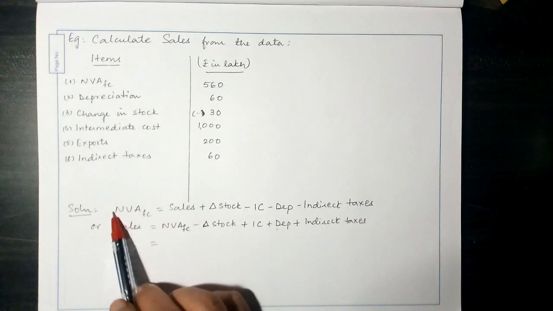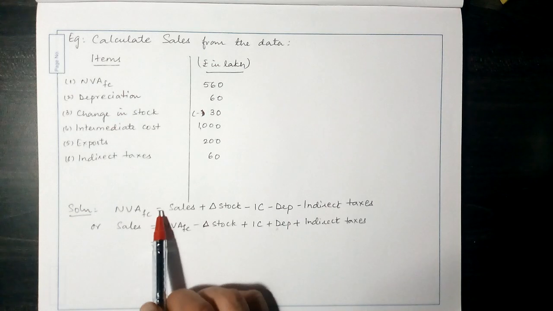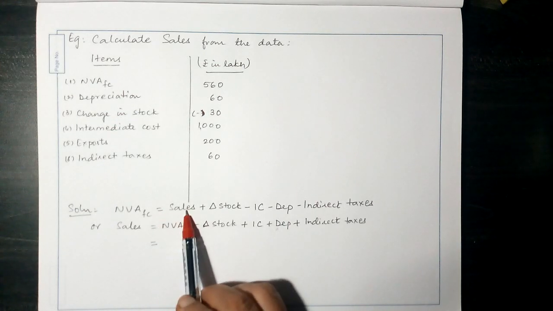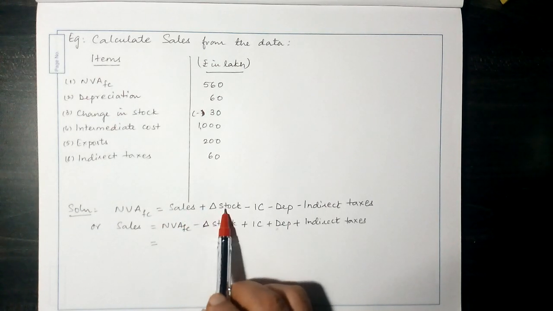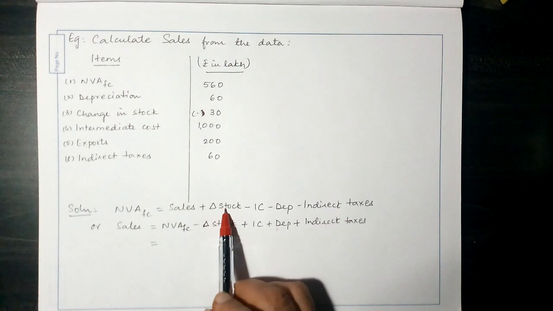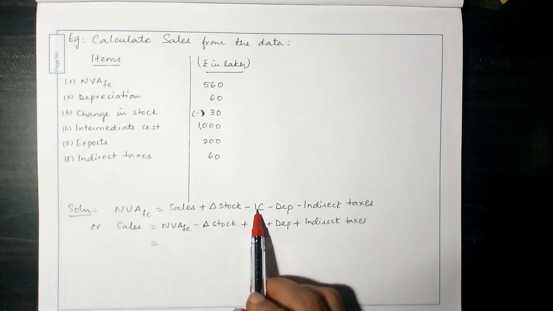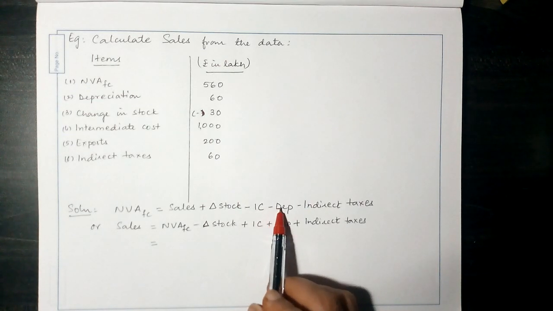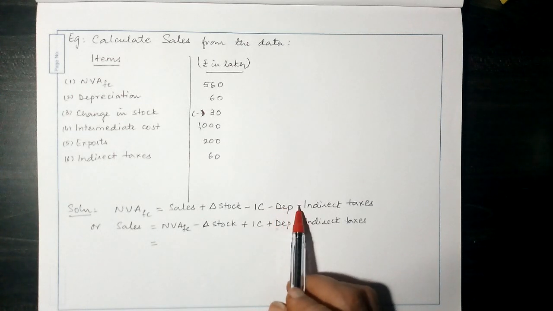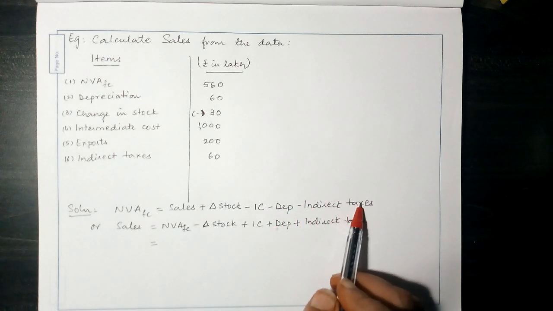The formula is given by total sales plus change in stock, if any. That means if there was any unsold stock in the previous year, that would give rise to a change in stock, minus the intermediate consumption. Intermediate consumption or intermediate cost is not included in the national income, minus depreciation, minus indirect taxes.